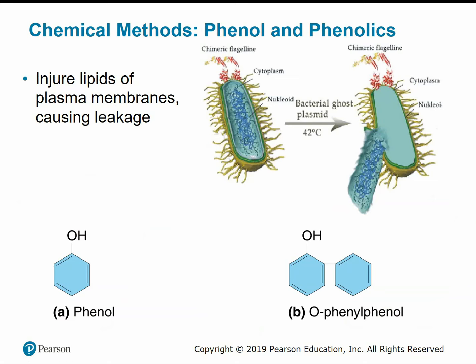Phenols and phenolics operate by injuring the lipids of the plasma membrane. So we're going to attack the membrane. Remember we said there were three basic plans of attack: either the membrane, the proteins and enzymes, or the DNA. So these specialize in attacking the membrane, essentially causing all the cell contents to leak out.